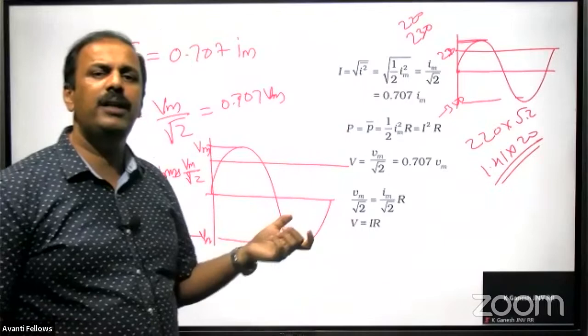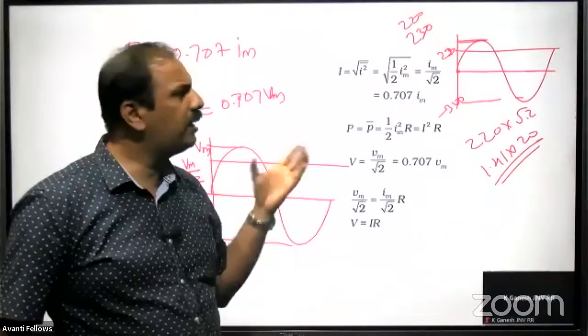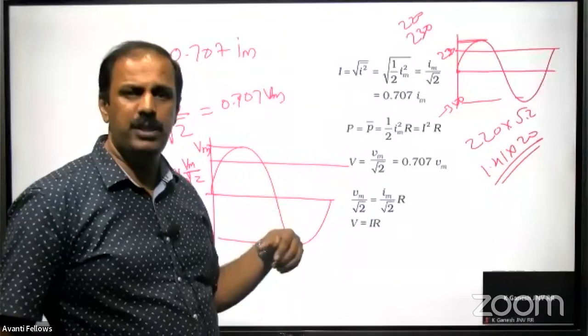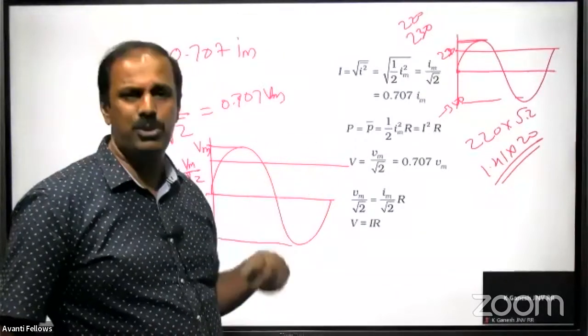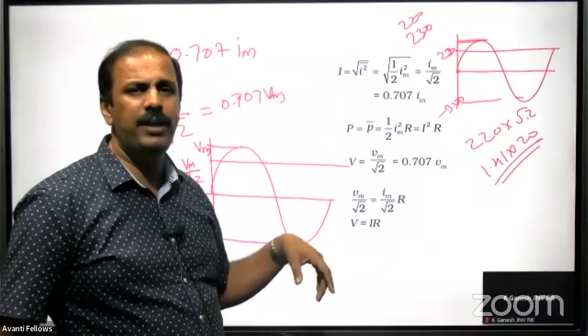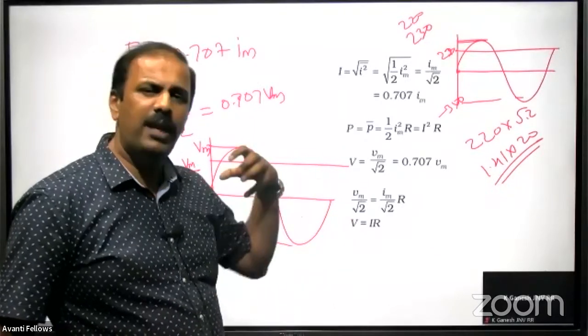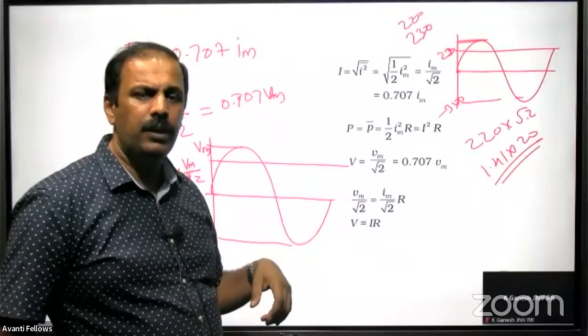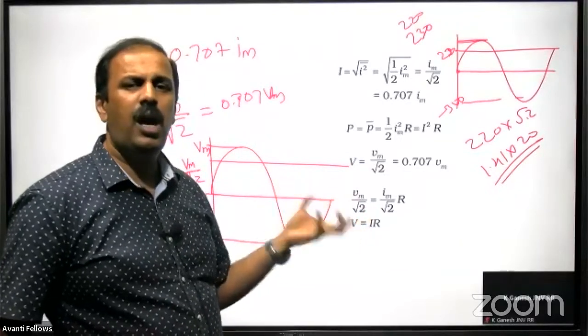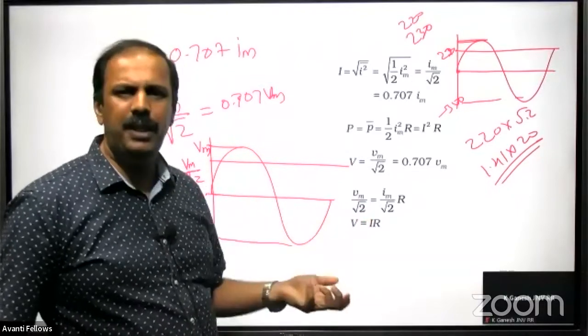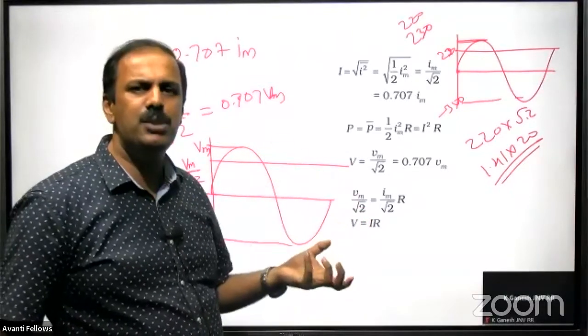When you go to the inductor, capacitor and all, the current and the voltage are not always in phase. That can be out of phase also. So where it will be out of phase, we will discuss now. And one more thing, how we can represent the phase. If you have current and voltage that are out of phase or have a phase difference, we have to represent that, and we should understand what this phase difference is.